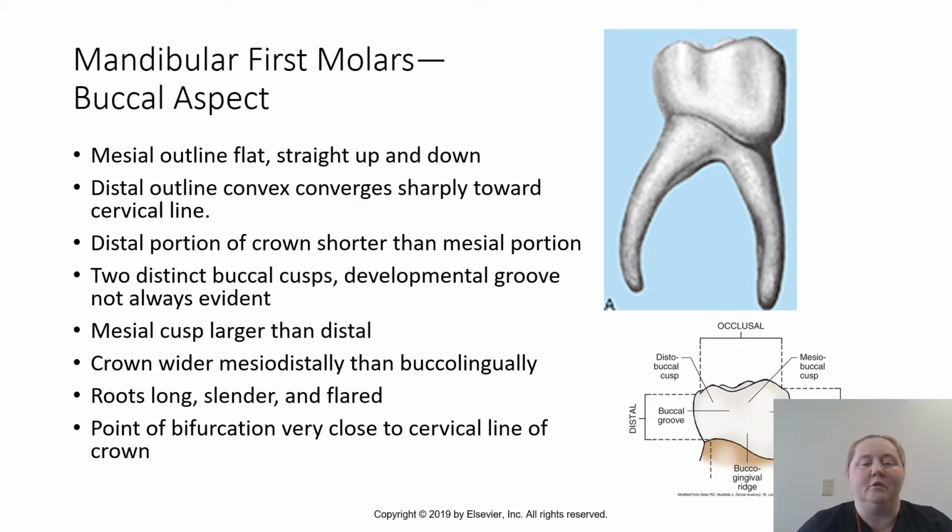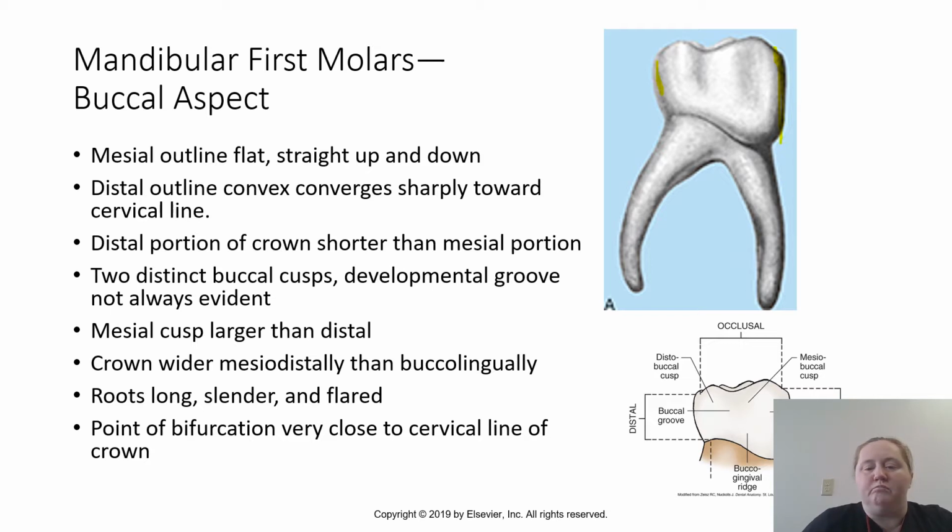Our first molar, the buccal aspect, we're going to see a mesial outline that is flat, so pretty much straight up and down here, okay? The distal outline is going to be more convex and converges sharply at that cervical line.